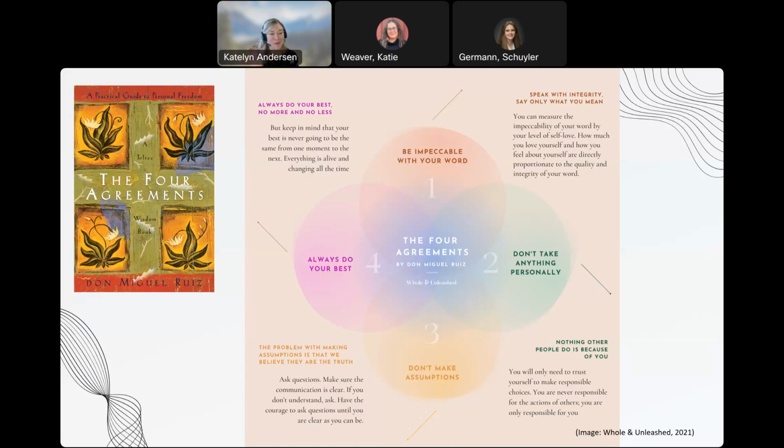This whole philosophy could go into a whole day's worth of training. And sometimes when I am in a moment of conflict where I'm frustrated with somebody else, I start to think back: which of the four agreements am I not holding myself up to? Am I leaning into making assumptions about somebody else and assuming that they're the problem and my truth is the truth?